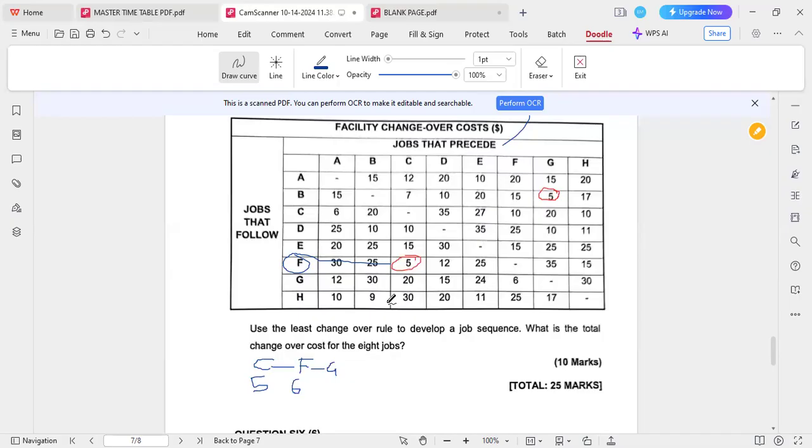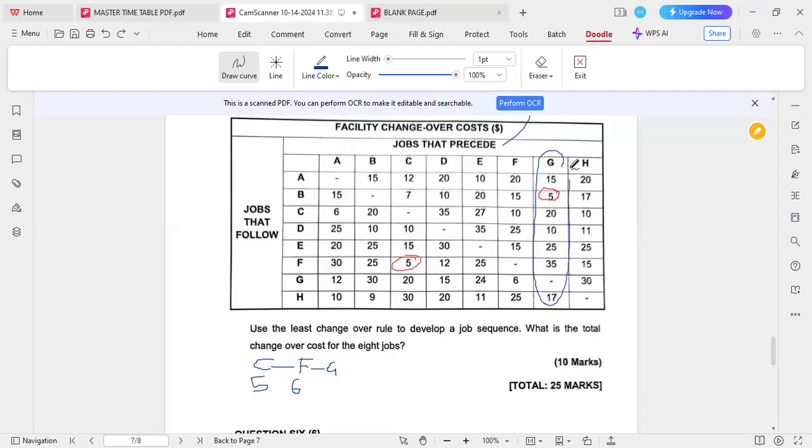So now you go to F. F has now started. The smallest cost in F is 6. So you go to G. That's how we're finding this G. What's the smallest cost in G?